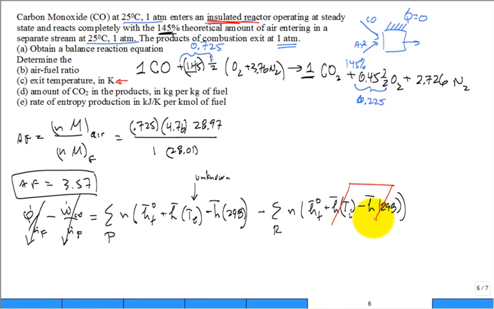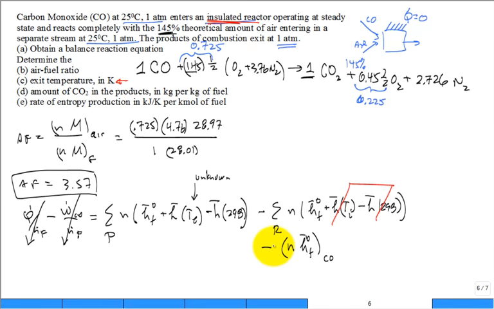We just have each of the reactants: N times the enthalpy of formation for the carbon monoxide, plus, but what's the enthalpy of formation of oxygen and nitrogen? Zero. So that's the end of that.